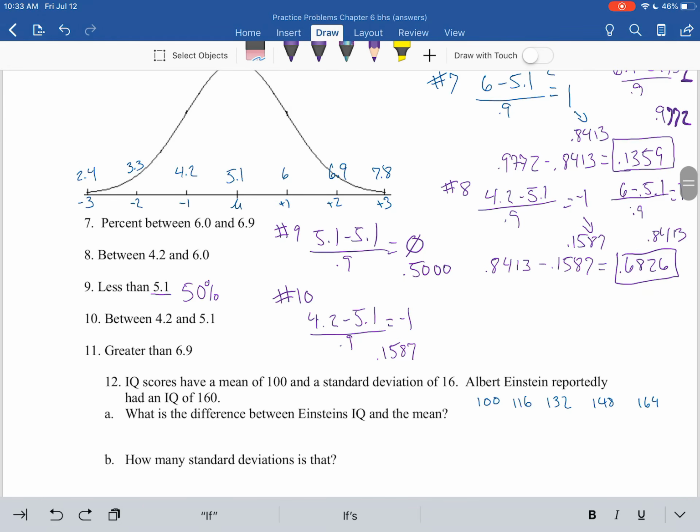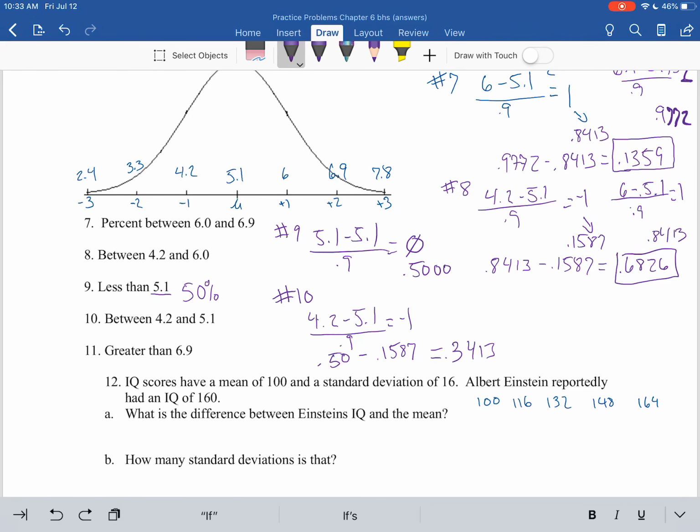And we go to 5.1, we know 5.1 is going to be 50%, so we're going to take 0.50 minus 0.1587, and you're going to get 0.3413, or about 34%, which is what we estimated it to be. I'm not very good at writing today, apparently, but we estimated it before we started.